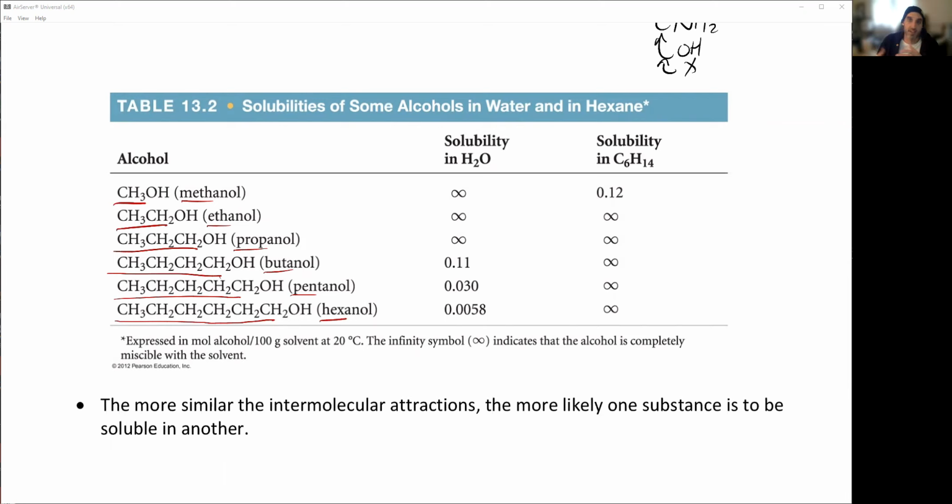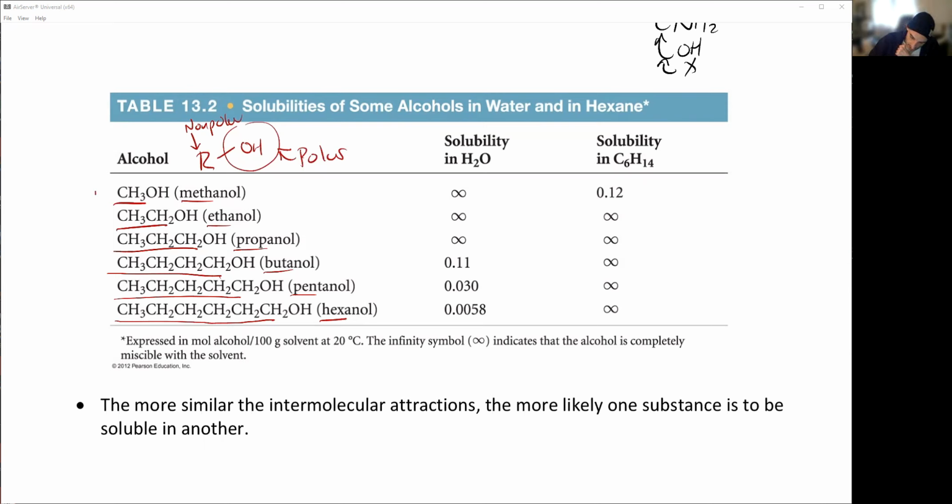So you can imagine how polar this is just by the fact that we have this OH group. So I'm going to put some R group there. So we have this side, which is polar, and we have this R group, which is nonpolar. So the longer that nonpolar side gets, the more carbons in a row, the more nonpolar the molecule gets, because you're dwarfing the size of that hydroxide.